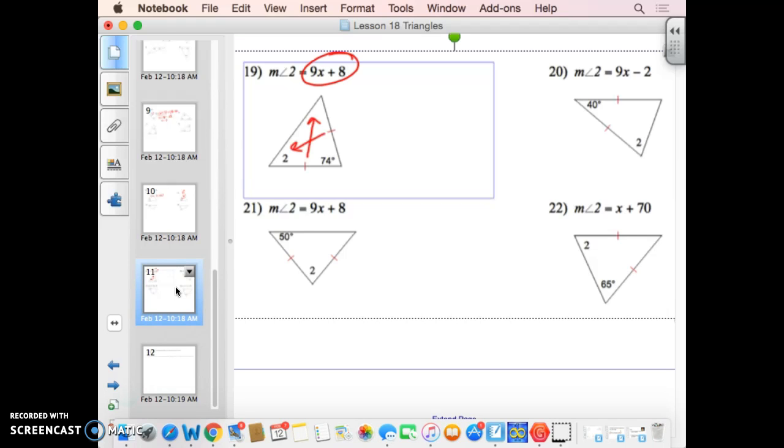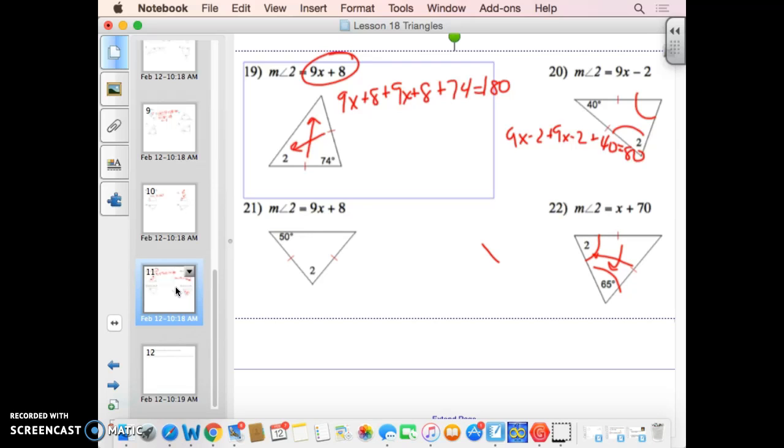So that means we literally have to write this twice because it's 9x plus 8 plus 9x plus 8 plus 74 is going to give us 180. So be careful. This one would be another example of where you have to write 9x minus 2 twice plus 40 equals 80. But down here, these angles are the ones that are congruent. So you can just write x plus 70 equals 65 and solve it from there.